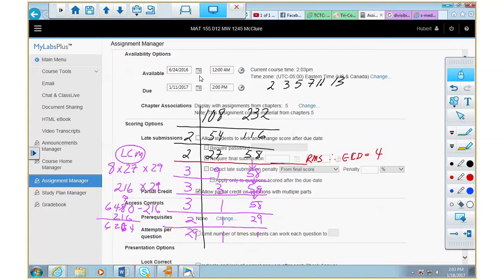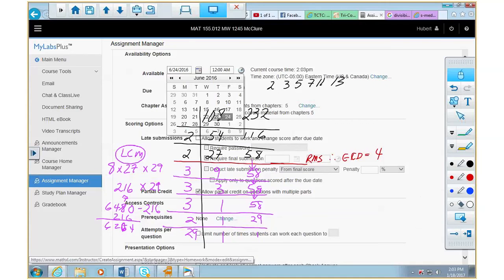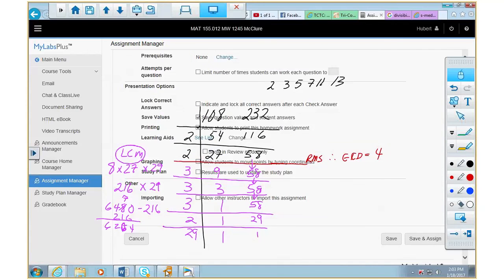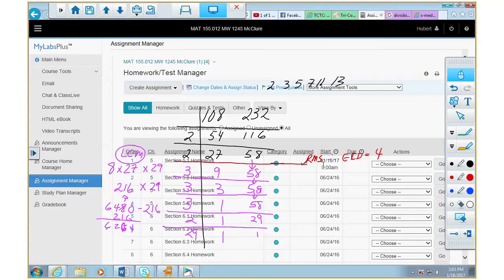And today is the what? 23rd or 16th? Oh, I'm sorry. January. Today's the 19th. Huh? 18th. Oh, today's Wednesday. Dang, I got class tomorrow. 8 o'clock. And leave that open so all the hands fits. Save and sign. Now you go to the homework.